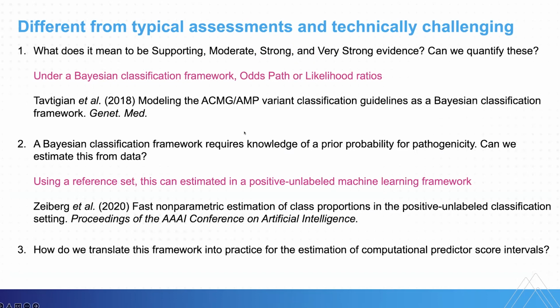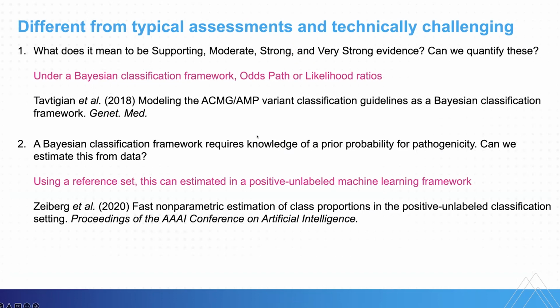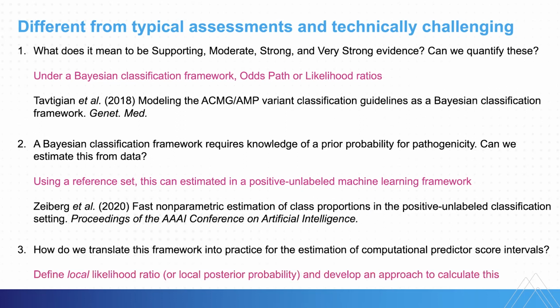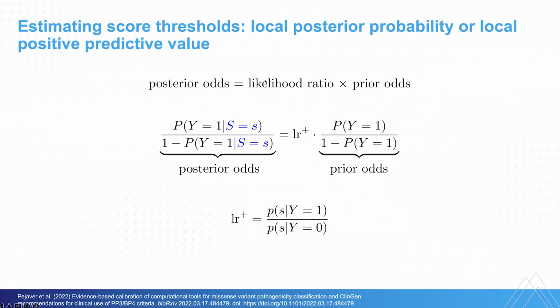Finally, how do we translate this framework into practice? Remember, our goal is to recommend a set of score intervals that would be clinically useful, and then based on that also make recommendations on which tools to use, because some of them may provide supporting evidence or may not. So we defined a new measure called a local likelihood ratio, or local posterior probability, and developed an approach to calculate this.